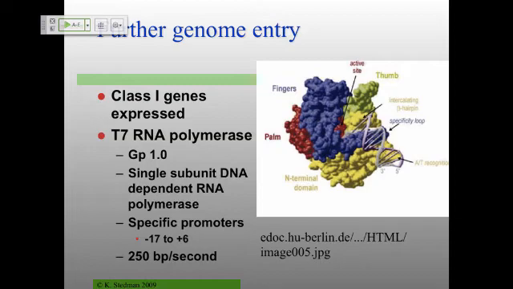So it's about a 17, actually closer to 20 base pair sequence, which the T7 RNA polymerase will recognize, bind to, and then start transcription from there. It's also a lot faster than the bacterial polymerase. It just zooms along the DNA and makes RNA really rapidly.